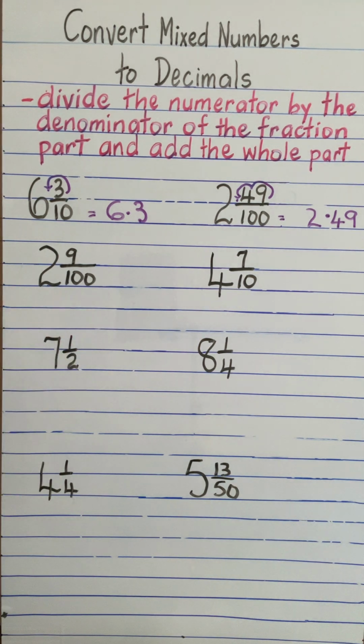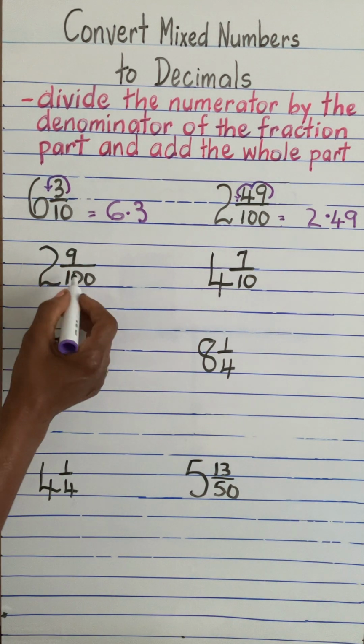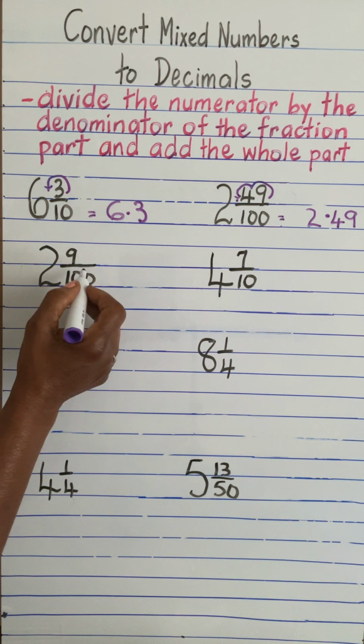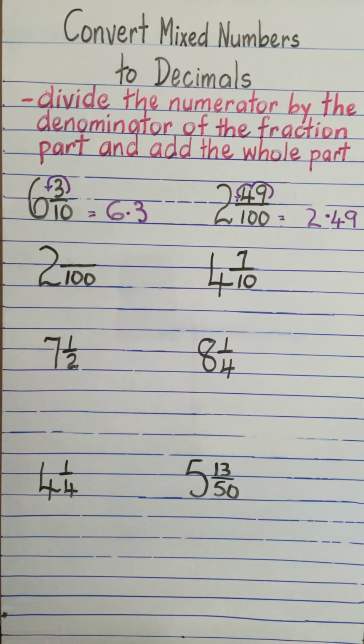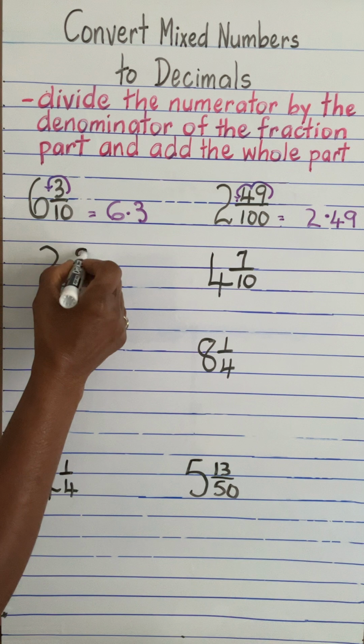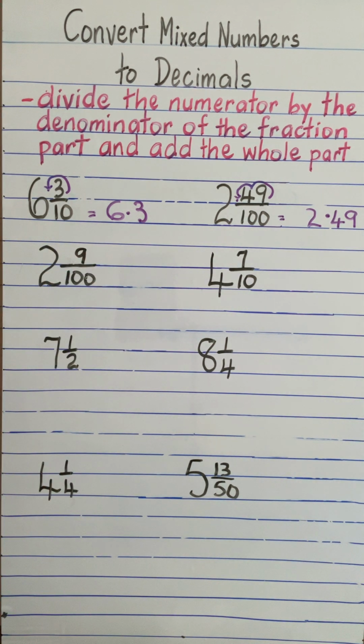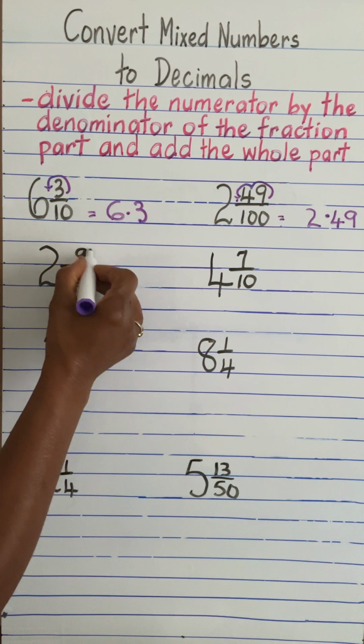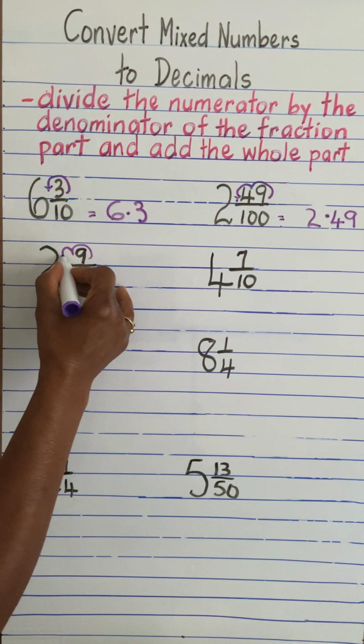Next, 2 and 9 over 100. We're going to move 2 places to the left. The point is right here. 1, 2, and now it comes right here.